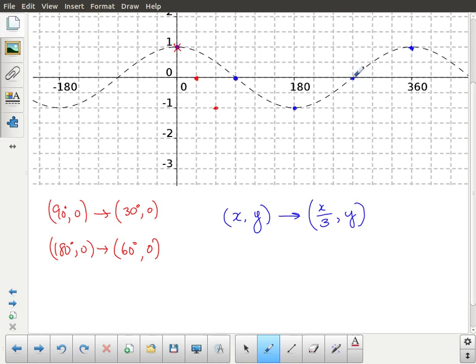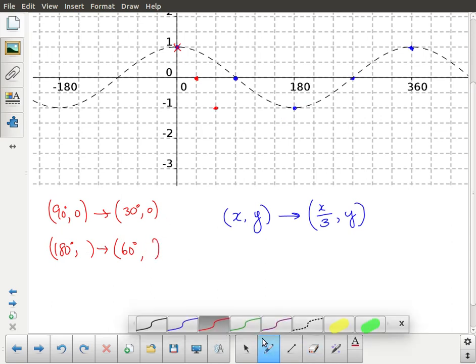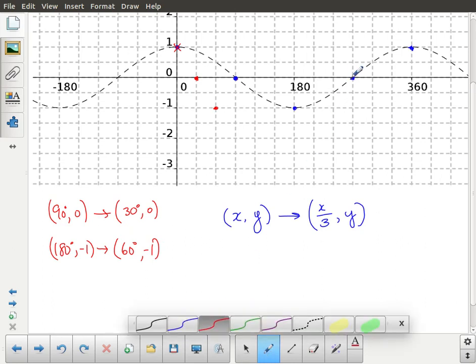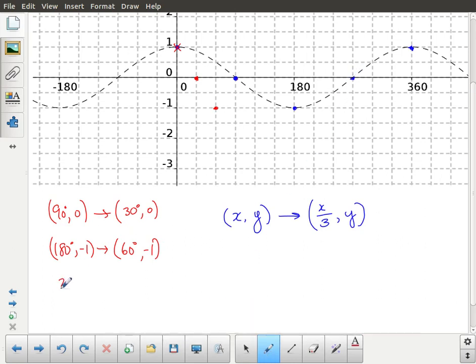This next one is 270 degrees, 0. This was 180 degrees, -1. I'm sorry, I miswrote that. And so that goes to 60 degrees, -1. This is 270 degrees, 0. Divide that by 3, and it goes to 90 degrees, 0.